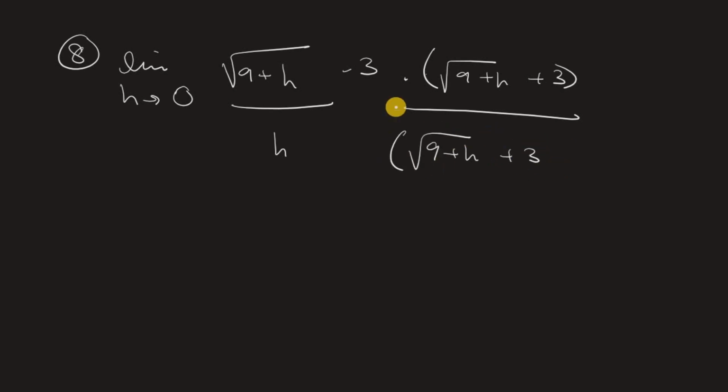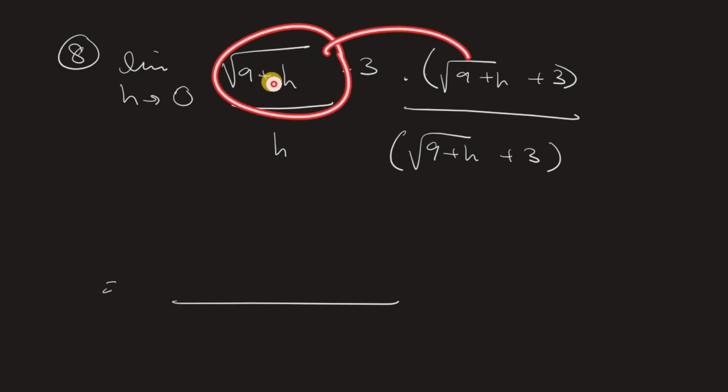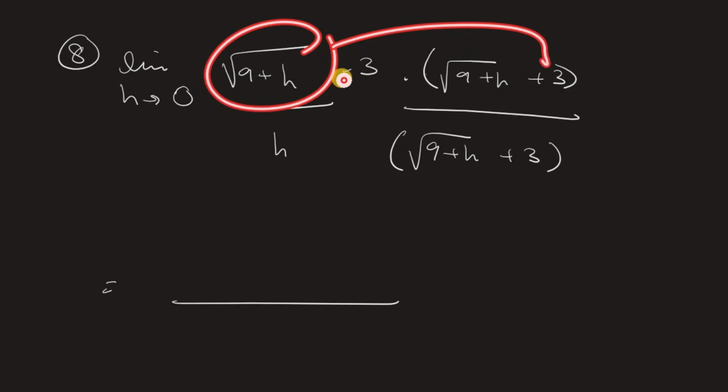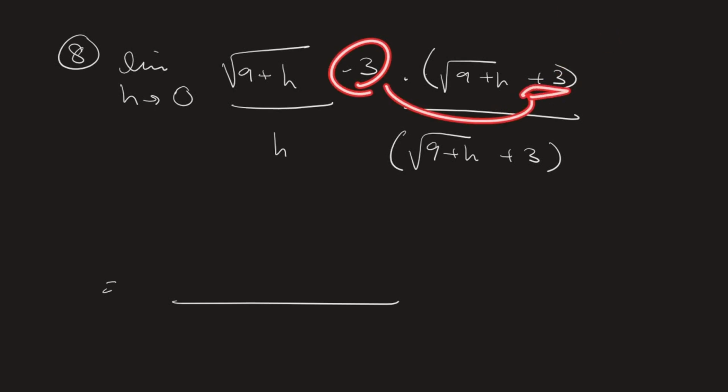This would be the conjugate of this one. So if you go ahead and multiply this, what do you get? This thing multiplies with this one, and then we have this thing multiplied with this one, and next we have this multiplied with this, and next we have this multiplied with this. Okay, so I hope you guys got the idea.